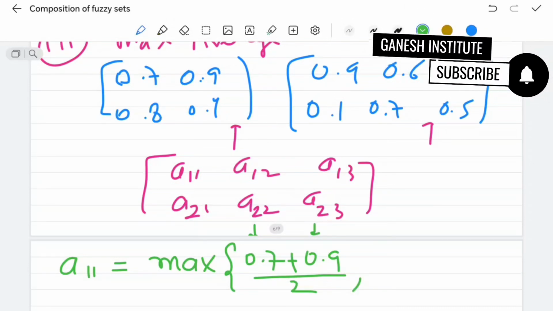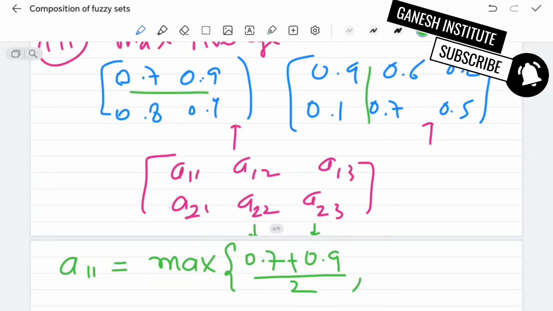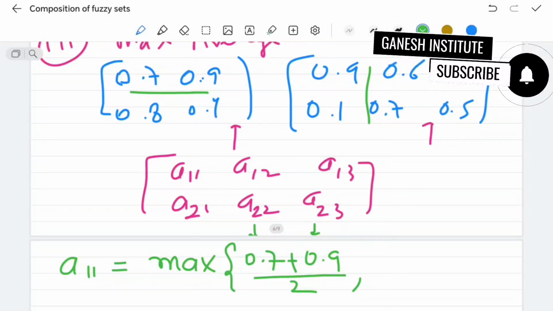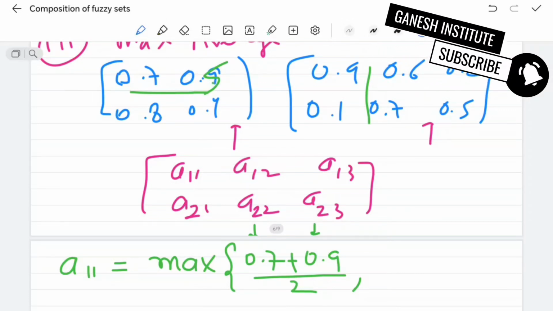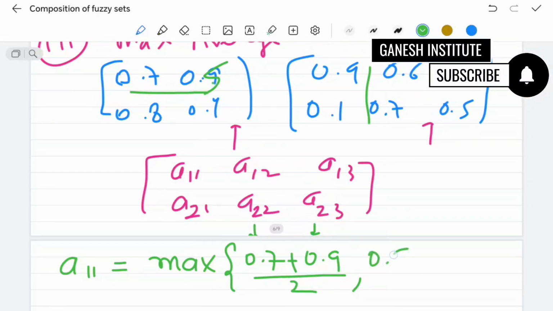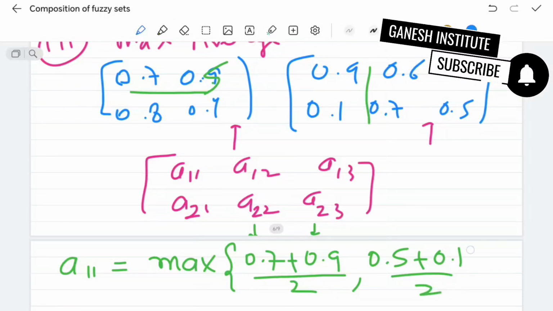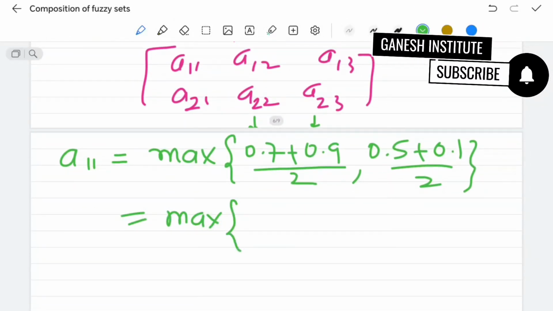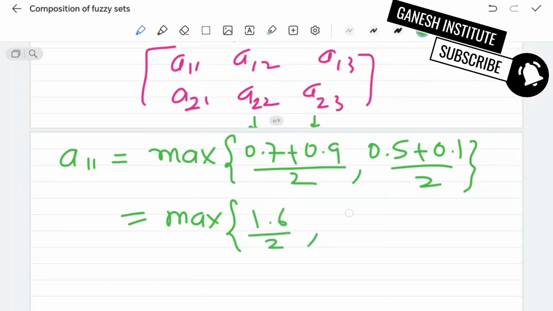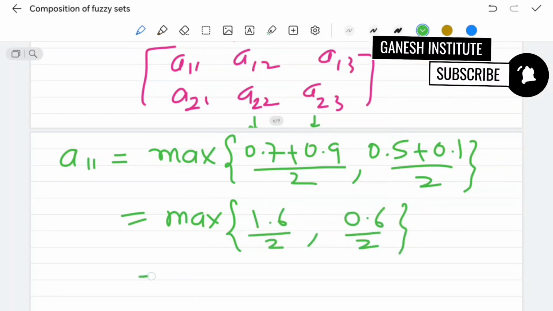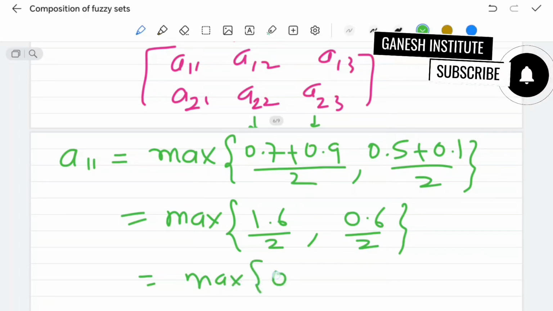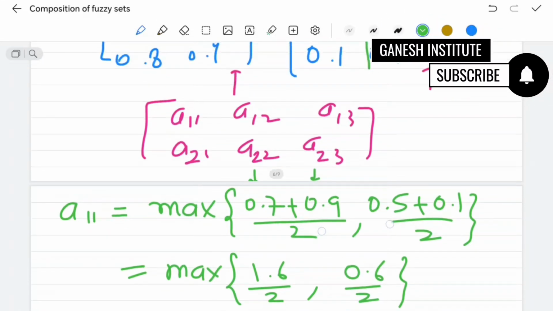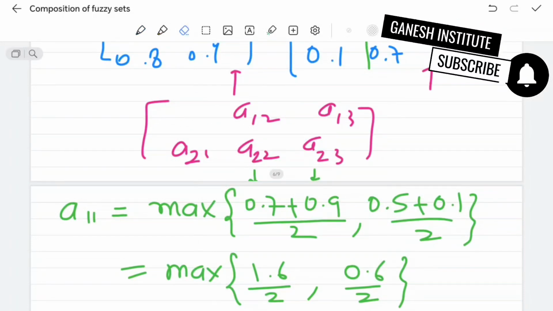So 0.7 with 0.9, and this is 0.5 with 0.1. What's the value? 9 and 7, 16, so 1.6 by 2, 0.8, and this is 0.6 by 2, 0.3. Which is maximum? 0.8. So we'll write here the first element becomes 0.8.